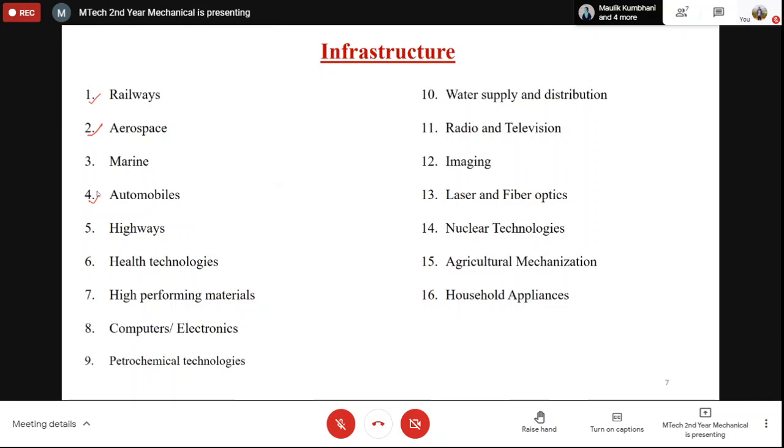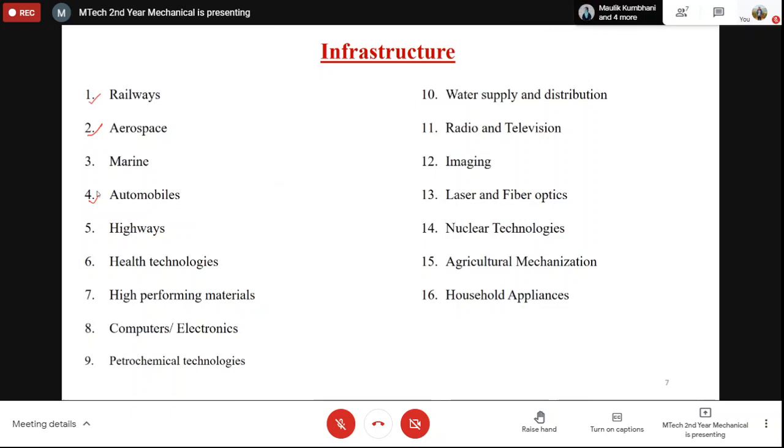For highways, you need to make bridges. You have to join beams and pillars to make the highways or the flyovers. In the health technology sector, high performing materials are used.